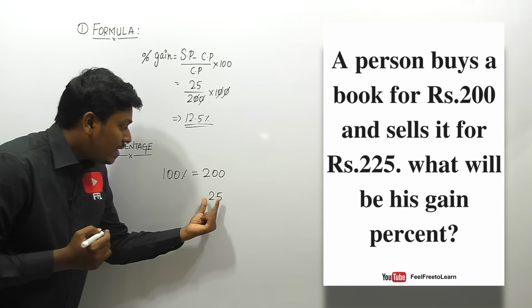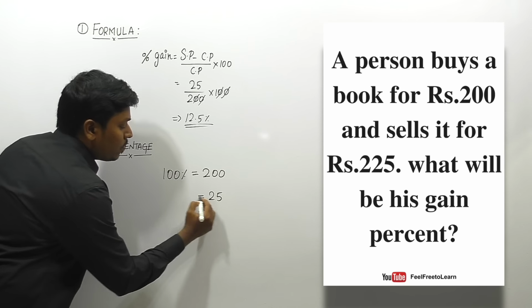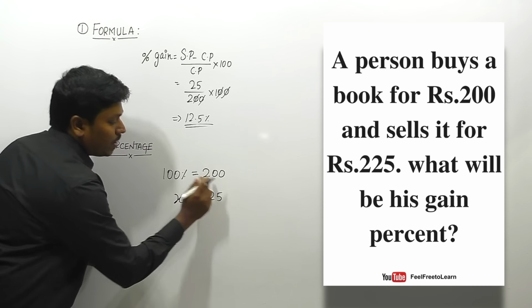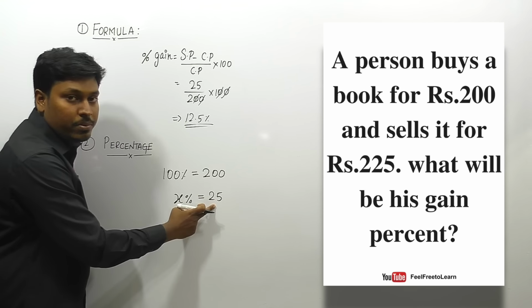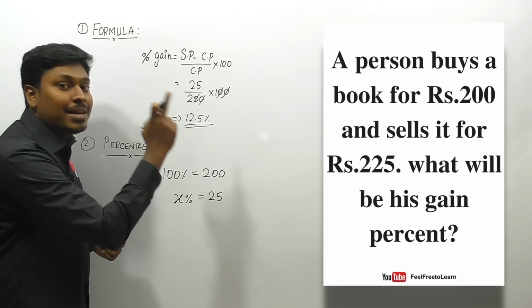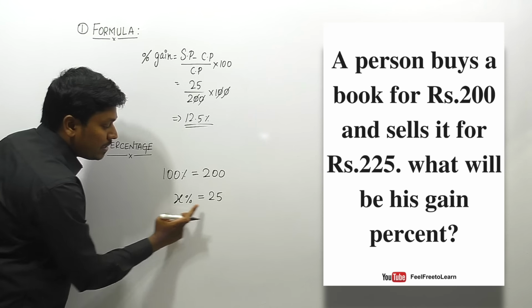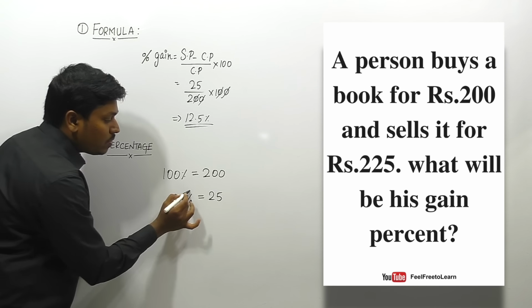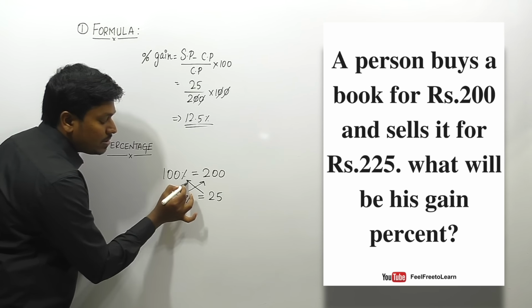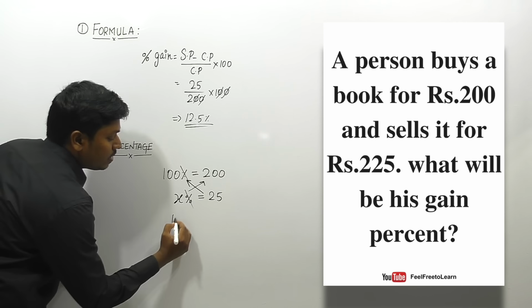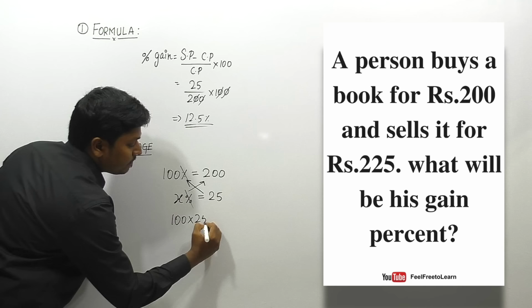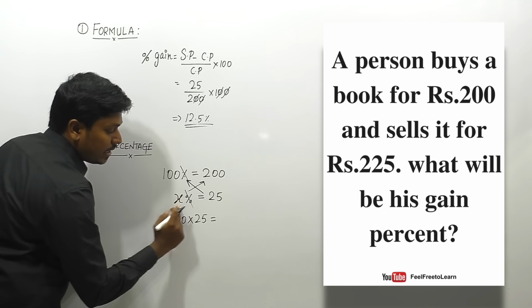So we can say that 25 rupees will be its profit. So we need to find this 25 rupees is how much percentage when compared to 200. So friends, cost price will be 200 and the profit will be 25 rupees. Our target is to find what is gain percentage. So 25 rupees is what percentage. So now we need to cross multiply. Here percentage gets cancelled. So 100 into 25 is equal to 200 into x.